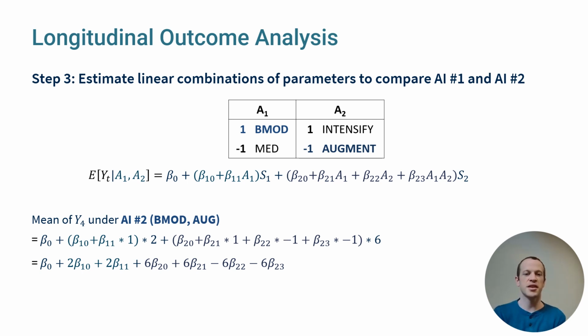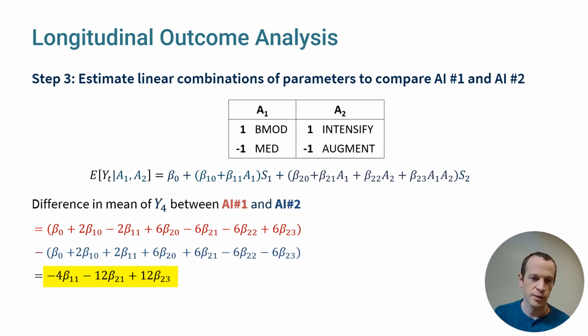The only difference is that now we plug in A1 equals 1 because these participants receive BMOD instead of med. And then lastly, we calculate the difference and we get the expression highlighted in yellow at the bottom, -4 beta 1 1, -12 beta 2 1, plus 12 beta 2 3. So maybe it looks a little bit more complicated than previously, but it's still a linear combination of parameters, which is very easy to handle with these statistical tools that we've already used.